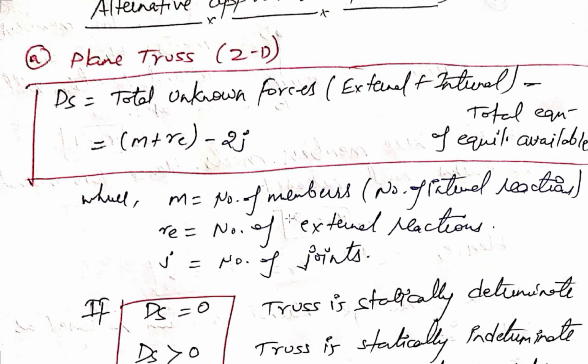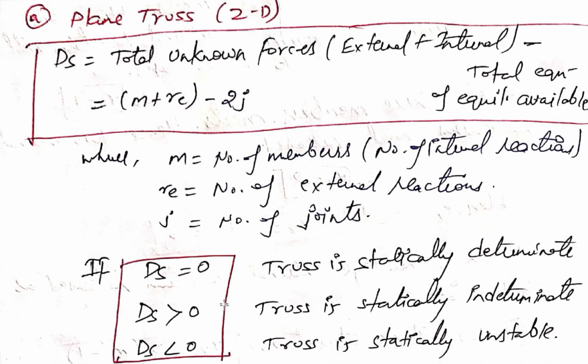So M plus RE is the external plus internal forces, and minus 2J for 2D, the total equations of equilibrium available. So the formula for a plane truss is DS equal to M plus RE minus 2J.